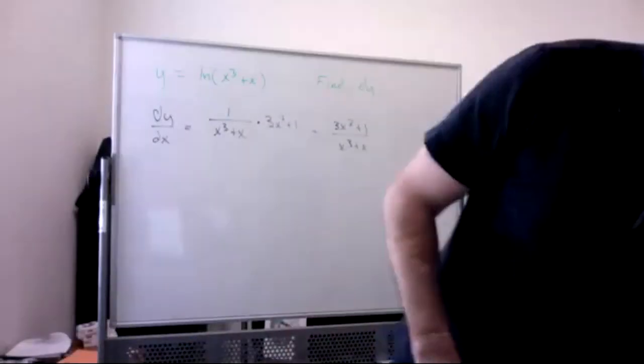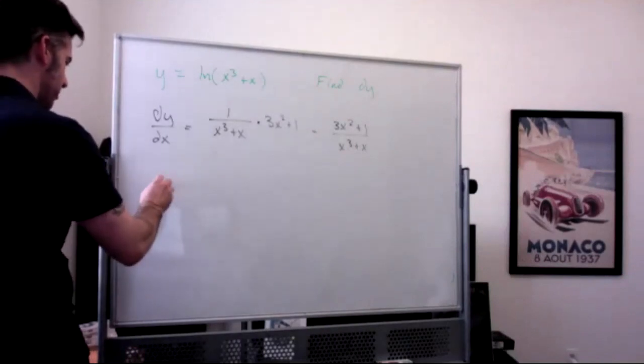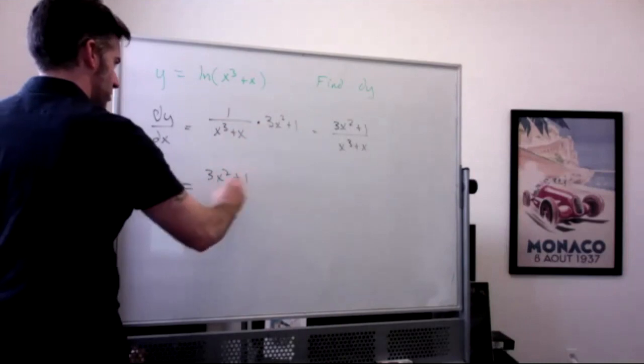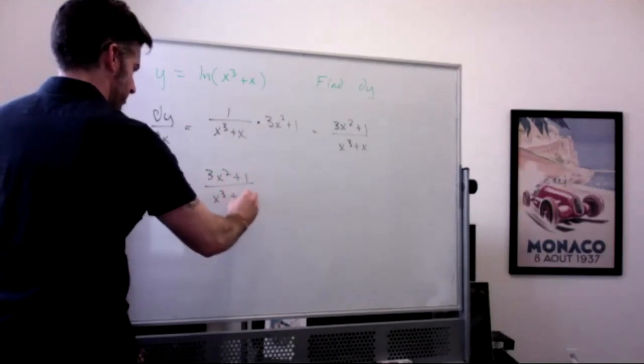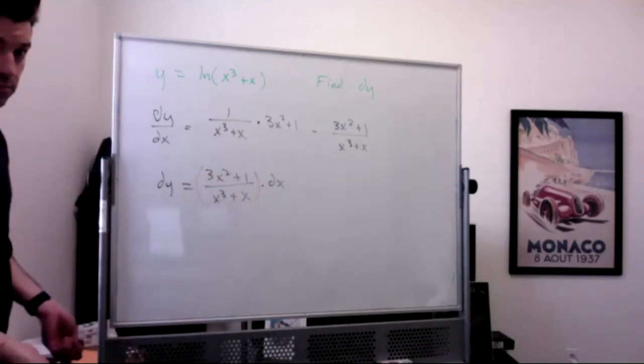Okay, great. You found the derivative. Here's dy. dy is your derivative times dx. That's it. That's dy.